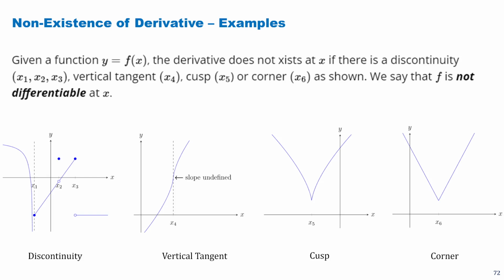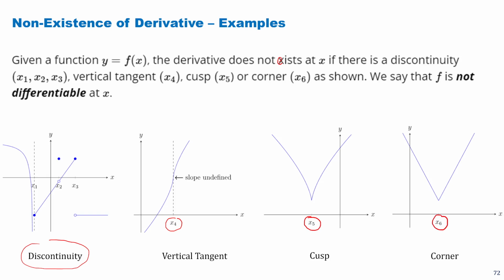Given a function y equals f(x), the derivative does not exist at x if there is a discontinuity, for example, at the points x1, x2, x3 in the first diagram, or a vertical tangent, for example, x4 here, a cusp, for example, x5 here, or a corner, for example, x6 here, as shown in the following diagrams.